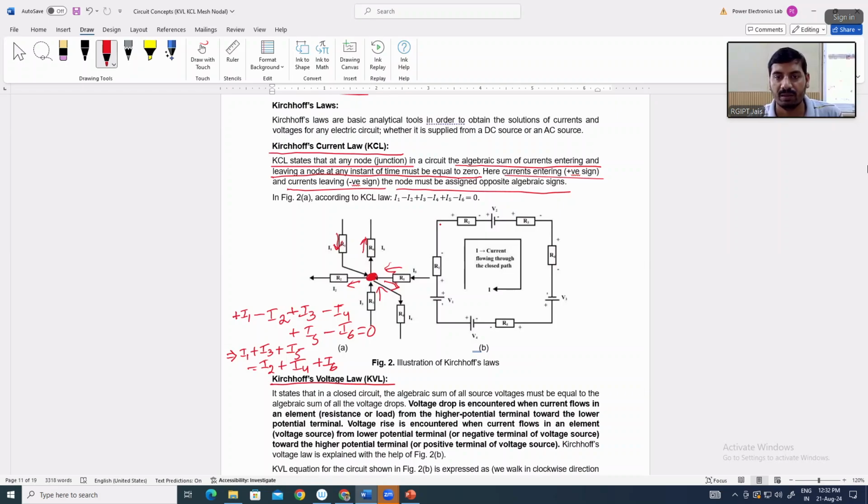So as per this statement, incoming current to this node is equal to outgoing current. Incoming currents are equal to outgoing currents. Simply, okay.